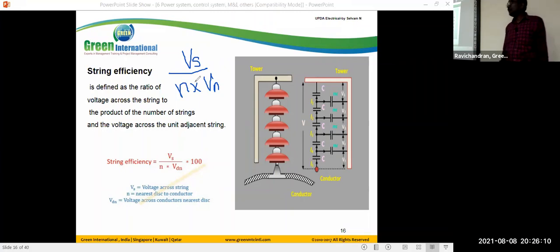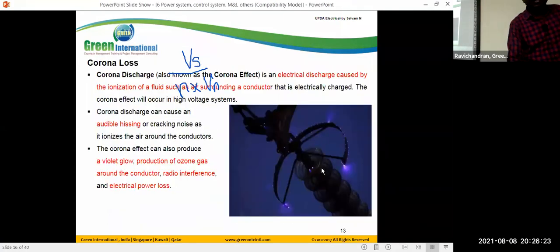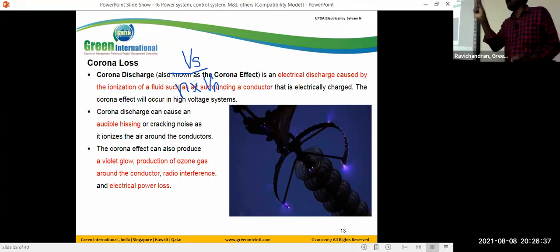Here, for understanding purposes, I said all the capacitances have equal C values, because all the capacitors are identical. But physically it's not like this. There is a difference between each and every disc. It's not exactly the same. So we have C1, C2, C3 like this.